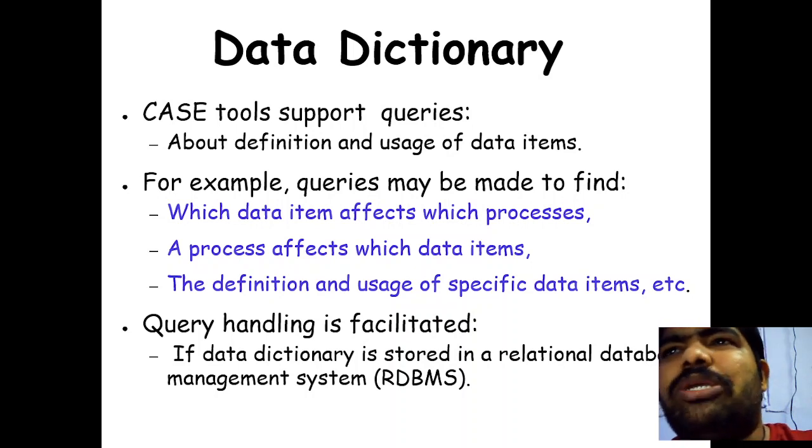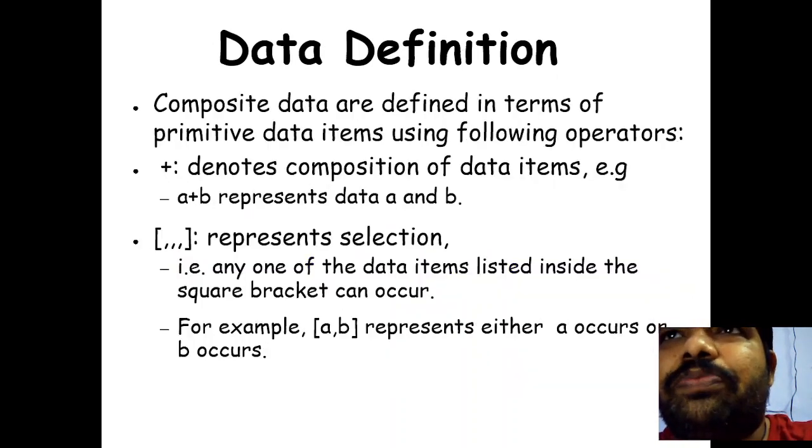The CASE tool that is provided is SQL, that is, an RDBMS CASE tool, for handling the data dictionary. Composite data items are defined in terms of primitive data items. That is how we represent the data.